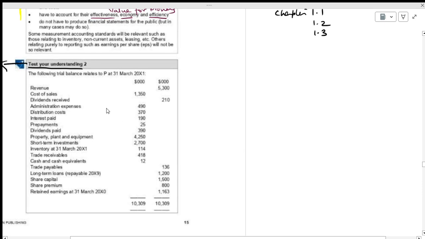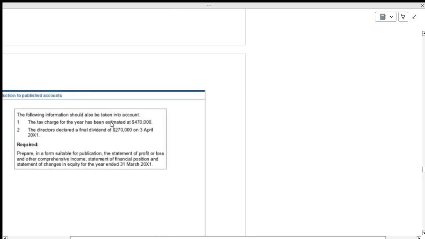Now you have to tell. Question number 2, one by one. Start from Ismail. Follow the sequence. Revenue, where are we going to show? Income statement. Before that, first you have to read the requirement. Prepare in the form suitable for publication.